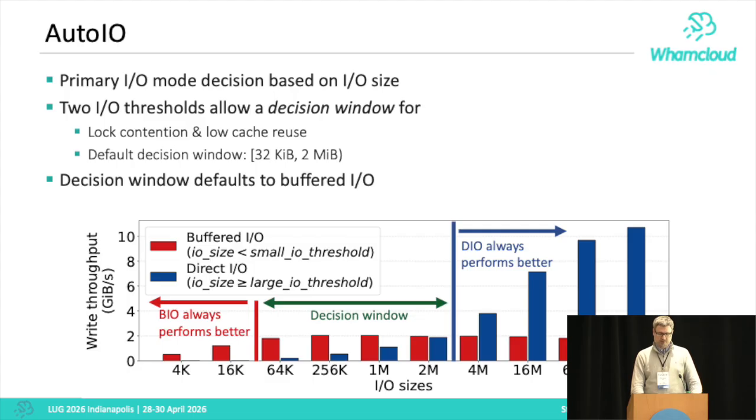So we have two thresholds. We have one here between 16 and 64K, where in any case, whatever is happening, buffered I/O is always faster. And then in between, we have this decision window. And then basically the direct I/O threshold just moves to the left.